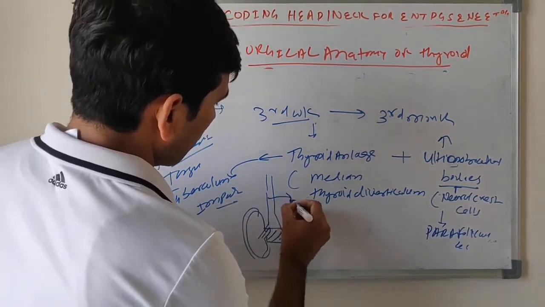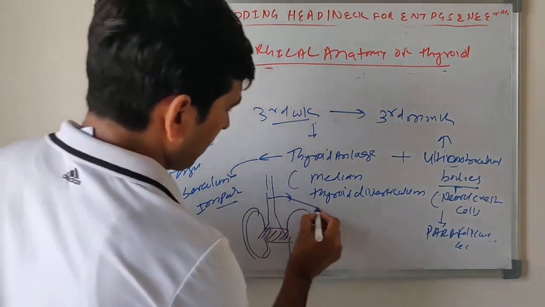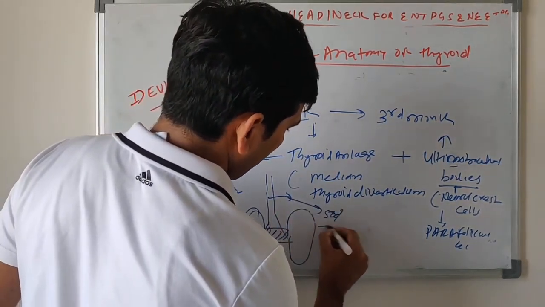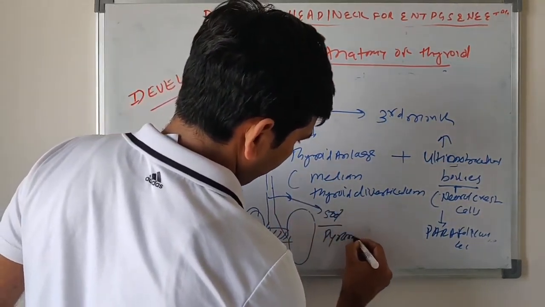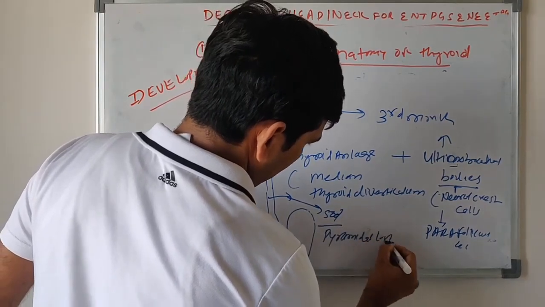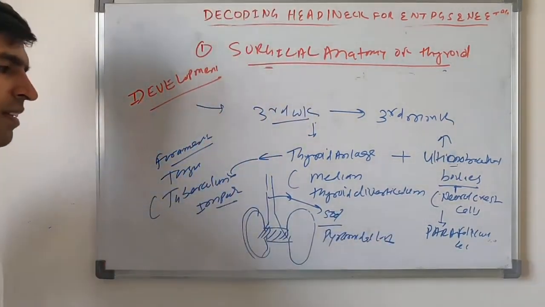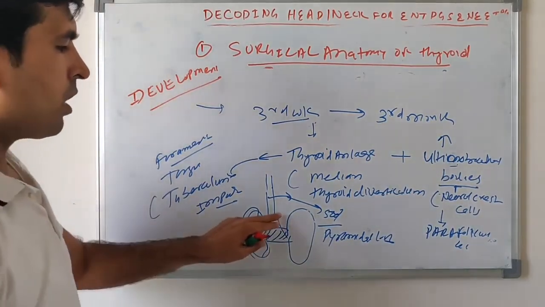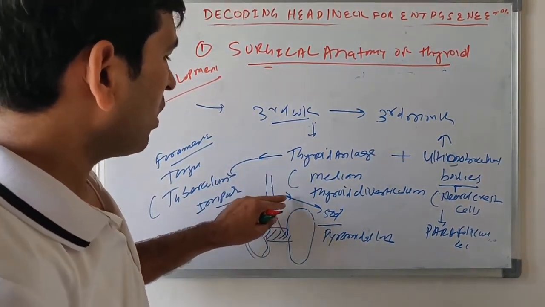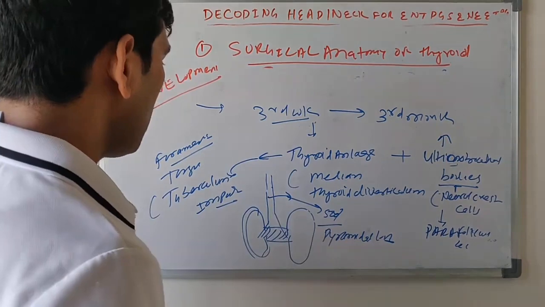Sometimes this part remains in 50% of cases, which is suggestive of a pyramidal lobe. So the pyramidal lobe may be present as a remnant of the developing thyroglossal tract.